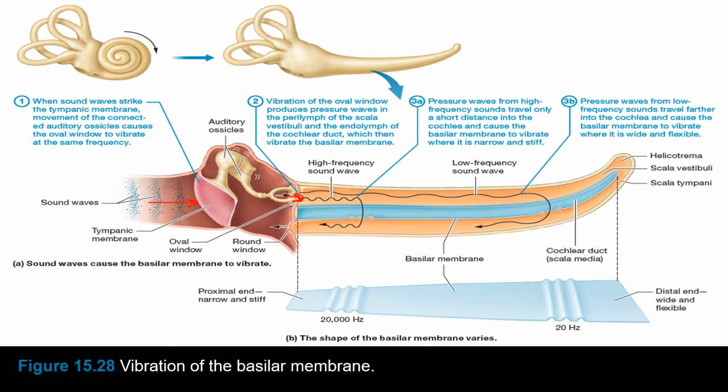And so now you have these high frequency vibrations right here. And what they're going to do is vibrate the very thin, stiff basilar membrane here. And they're also going to take a shortcut back to the round window. Because these basilar membranes are so thin, they're able to sort of take a shortcut, and then they're still going to push out on the round window.